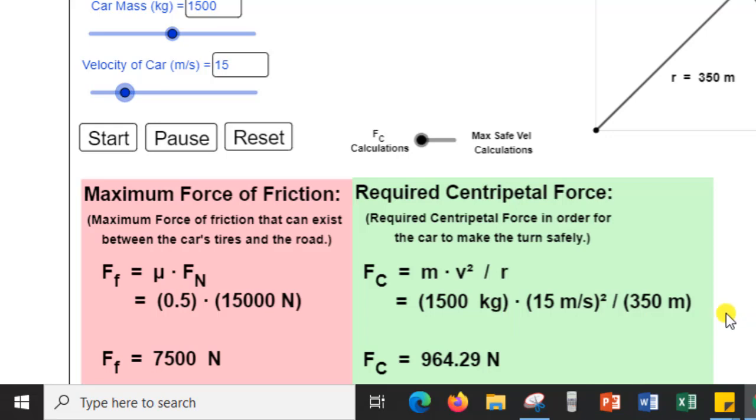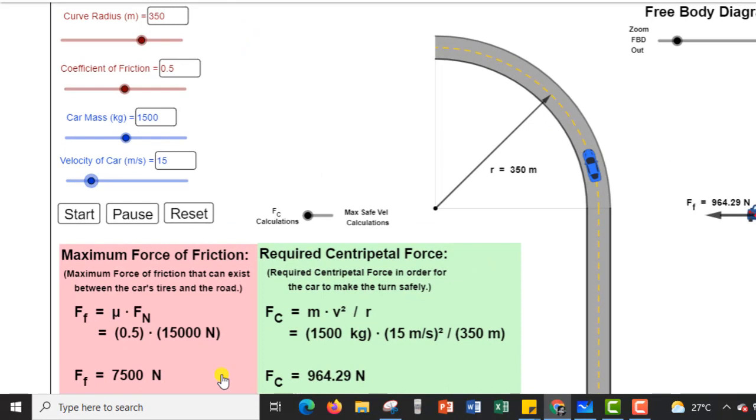Kalau kita masukkan nilai, kita dapati centripetal force yang kita perlukan untuk kereta tu make the turns will be only 964.29 newton. So anda dapati centripetal force ni nilai dia adalah lebih kecil dari maximum force of friction. Maksudnya friction tayar kereta tu adalah mencukupi untuk supply the centripetal force.